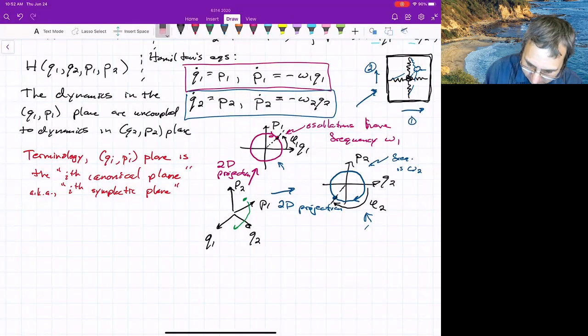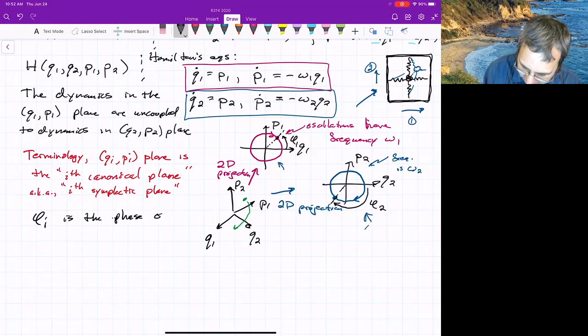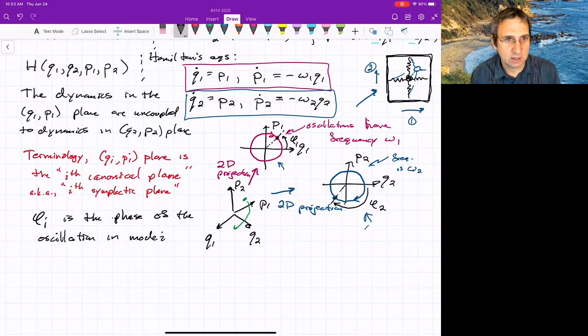So phi i is the phase of the oscillation in mode i. You could think of it as the angle tracking where we are in these periodic loops in each of the canonical planes.